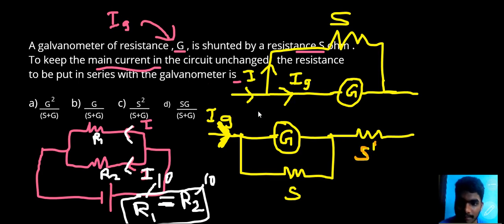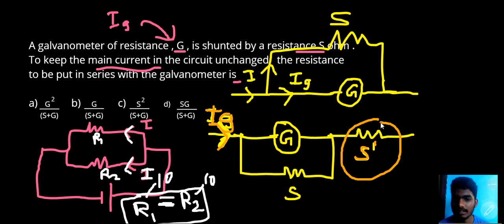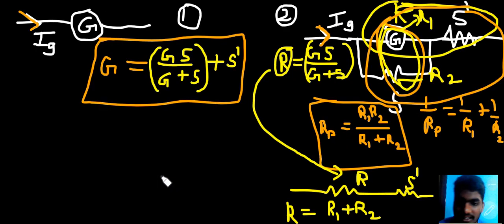The main current should be unchanged, so Ig should remain as it is. For that, how much resistance should be present here? That's what I am trying to say. Very well, you have to understand this. What is the value of this S dash?